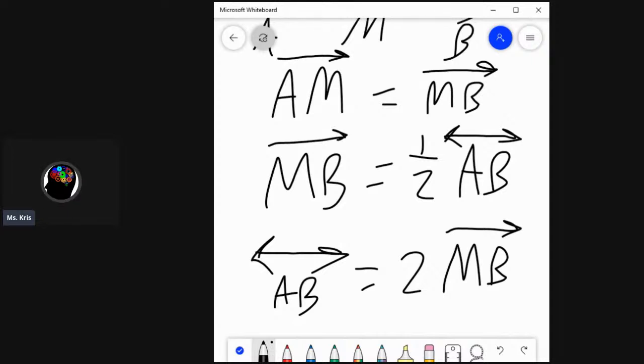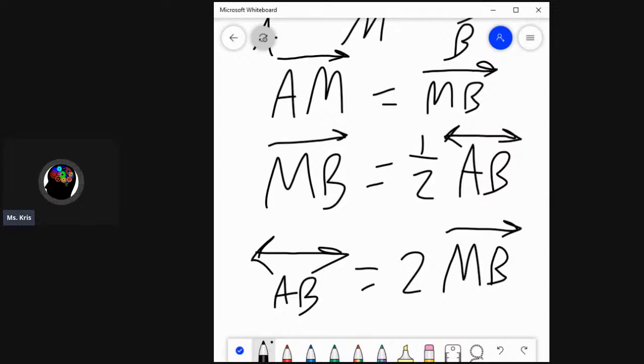Same thing if I have the total measurement of line AB, which is 14, and I want to know the measurement of AM or the measurement of MB, and M is noted as the midpoint. I simply take my 14, I divide it in half, and I say that MB equals 7.